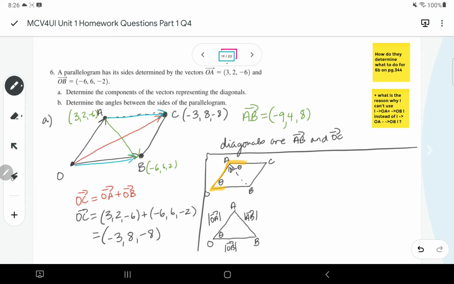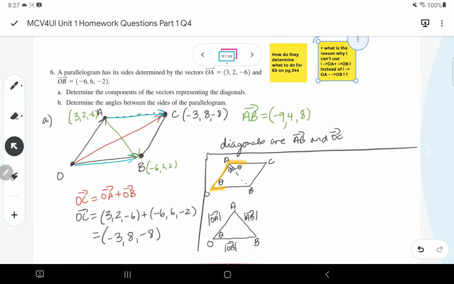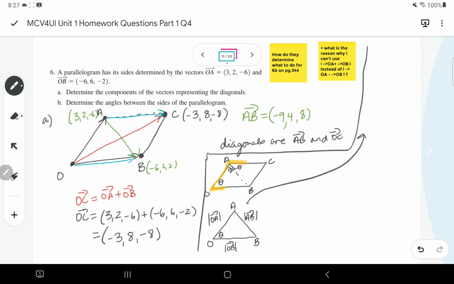Now I am going to possibly run a little bit short on space here, so I'm just going to try and find myself some more room and find those magnitudes up here. So the magnitude of OA is going to be the square root of 3 squared plus 2 squared plus negative 6 squared.